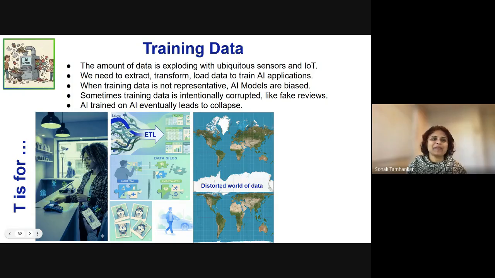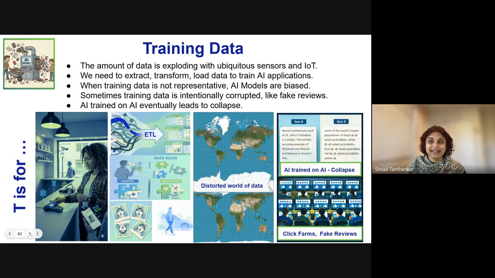So, what happens if we train AI on AI generated data? Researchers have found that AI models collapse when trained on AI generated data recursively. As more AI generated text, images, and videos flood the internet, AI systems can increasingly end up learning from content created by other AI systems.